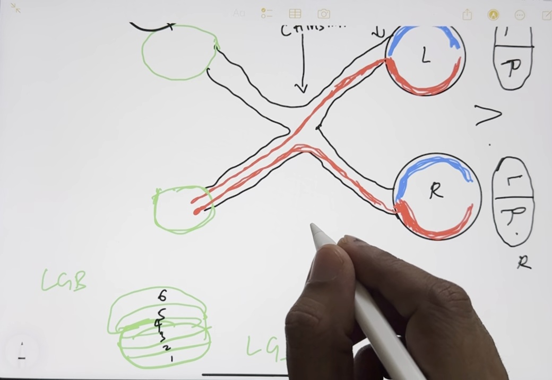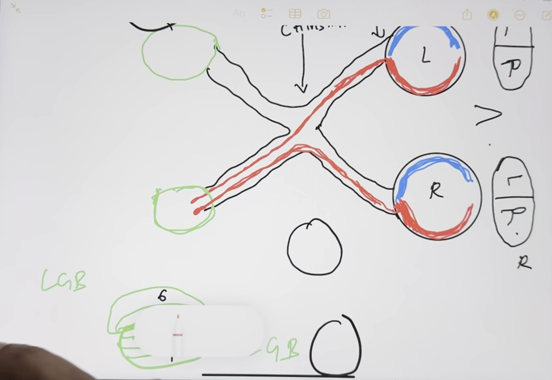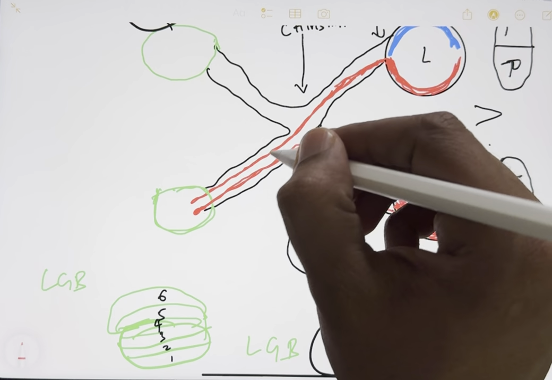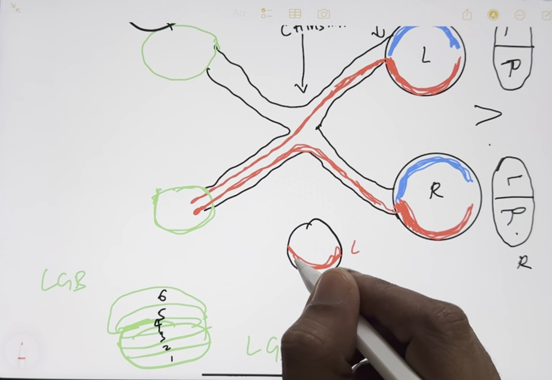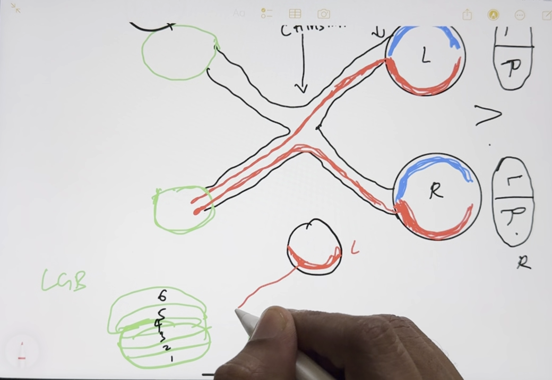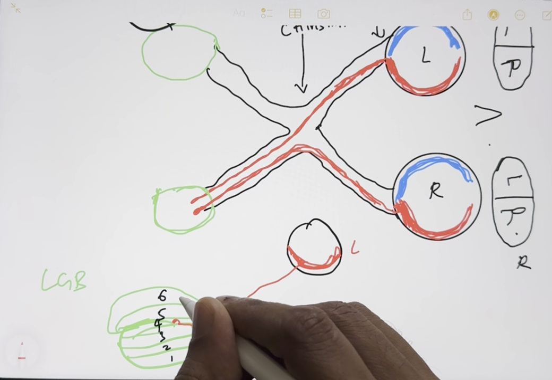Now, the fibers coming from the left eye, crossing to the opposite side, will terminate in layer number 1, 4 and 6.